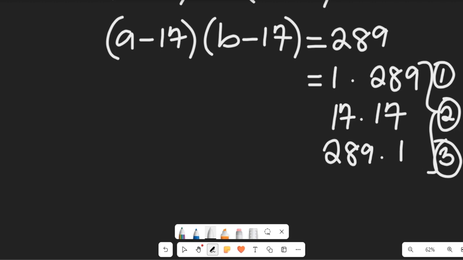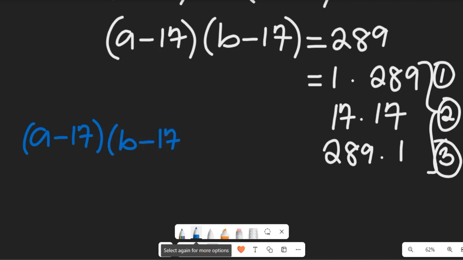Now if I have this equating this and this equating this, that will give me the expression A minus 17 multiplying B minus 17, and this will be equal to 1 multiplying 289.